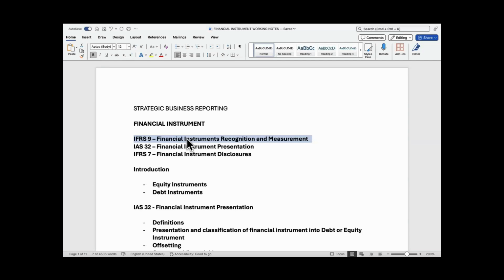If the equity investment is classified at fair value through profit or loss, then the transaction cost will be expensed. But if it is classified at fair value through other comprehensive income, then the transaction cost would be capitalized, that is, added to the cost of that financial asset.